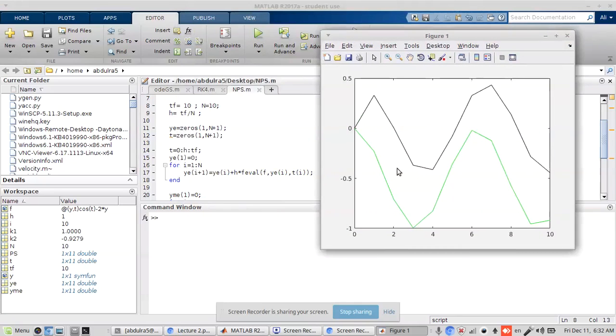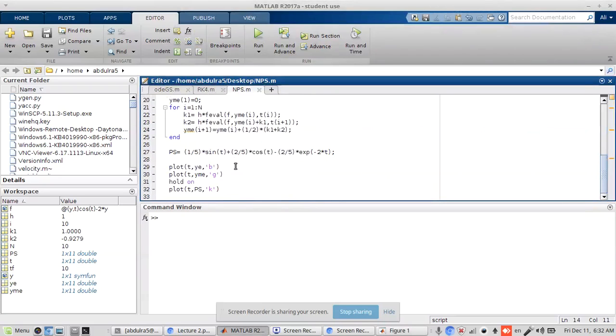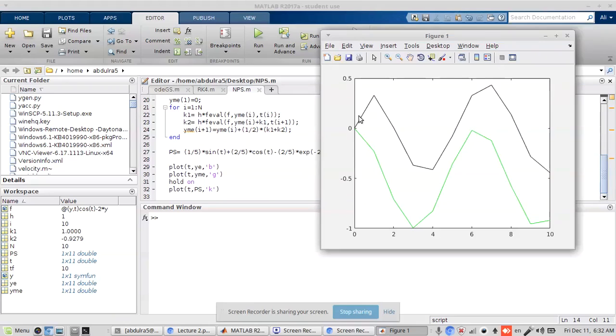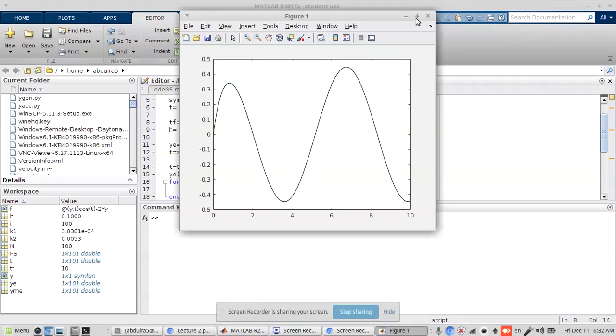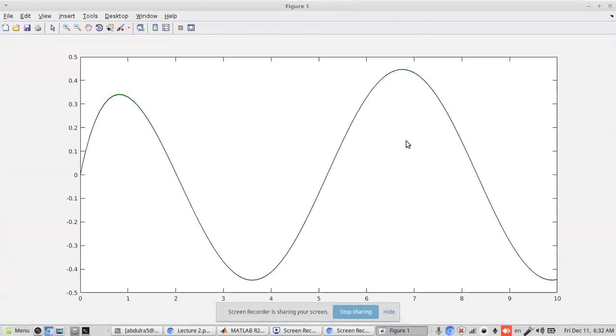All right. Here we have a lot of differences when n equals 100.